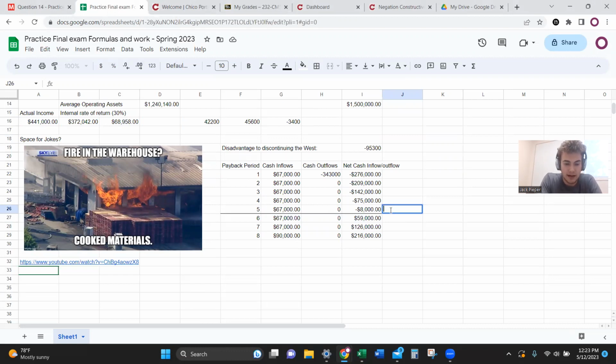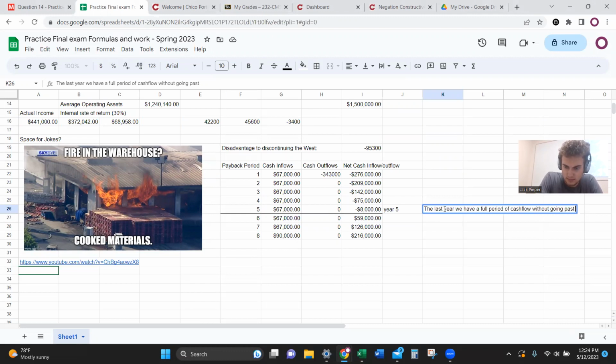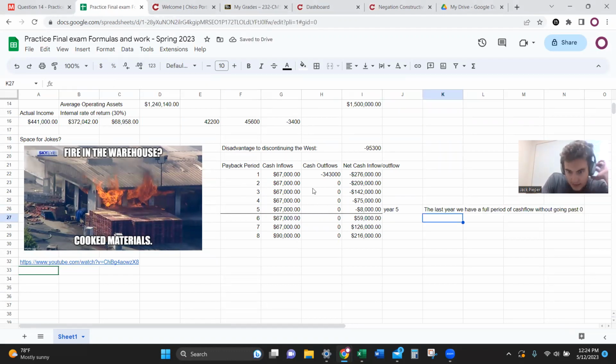So year 5 stands out to me because it's the last full period of cash flow without going past 0.